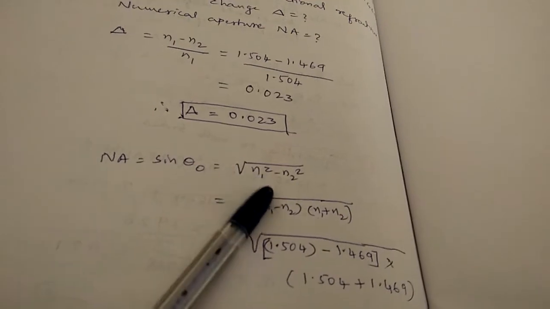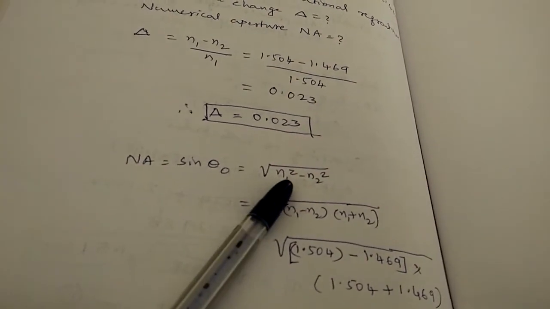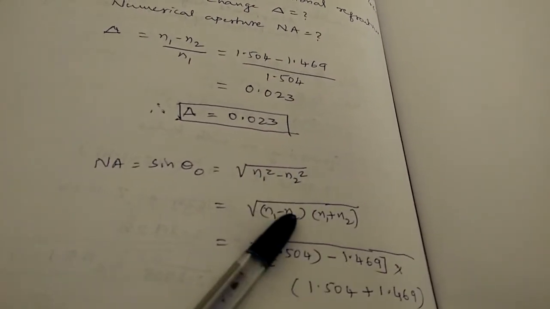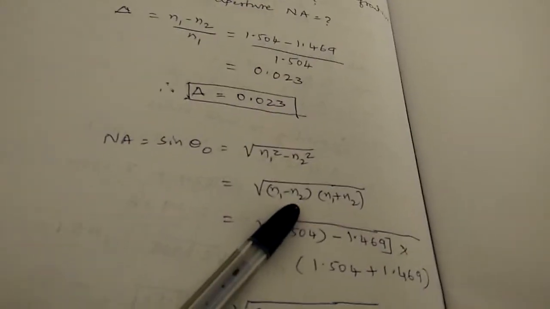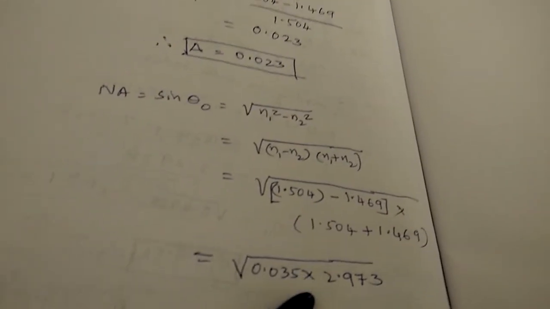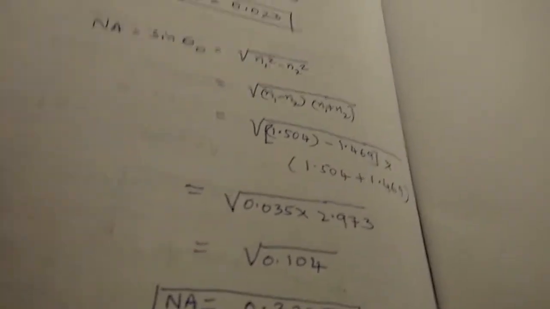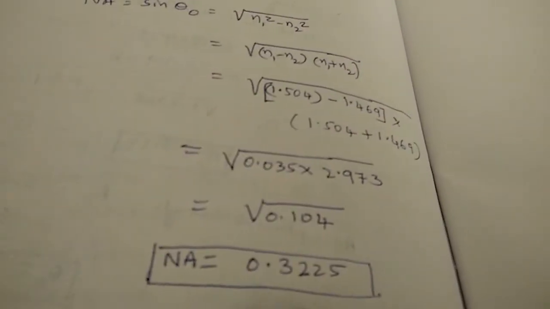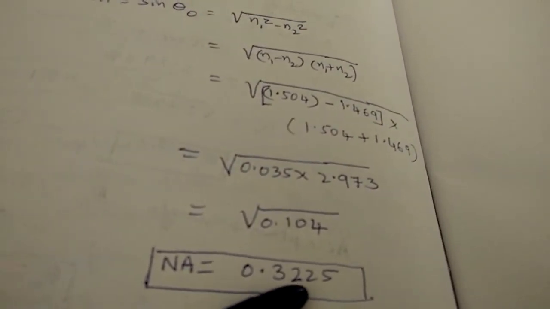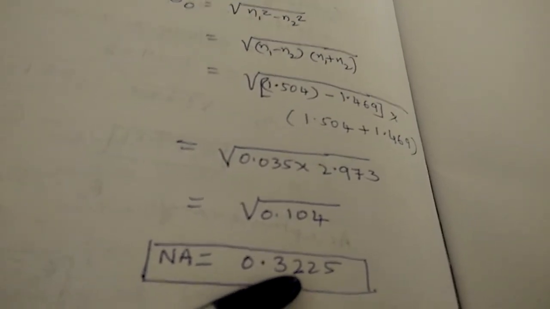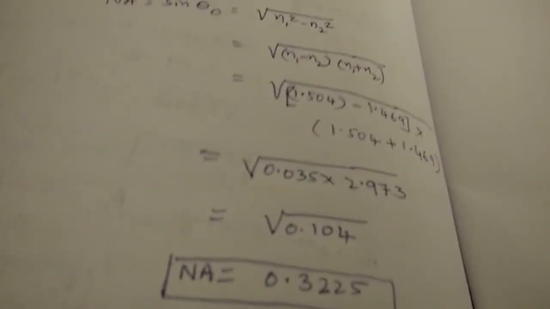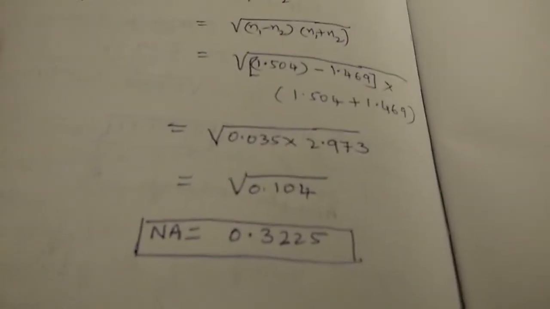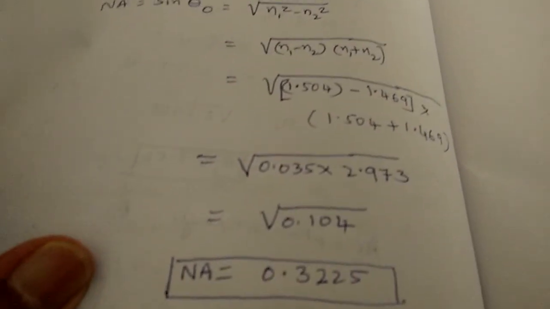You need not do the square of n1 square and n2 square, we can do it like this also. So finally we get NA is equal to 0.3225, or 0.323 also you can write, or 0.32 also you can write. This is the value of numerical aperture.